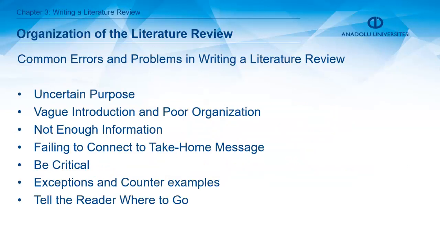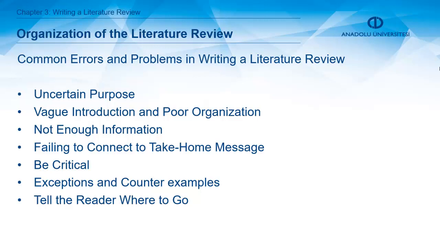When we have a look at the literature and the studies in international affairs and also in all other fields, we can meet some common errors and problems in writing a literature review. For example, sometimes we have uncertain purposes. We read the literature, but we do not understand its purpose.